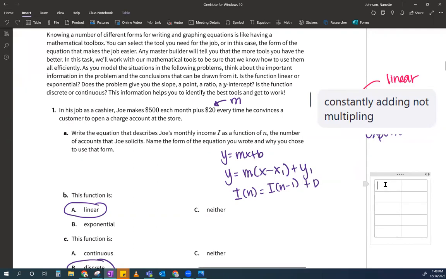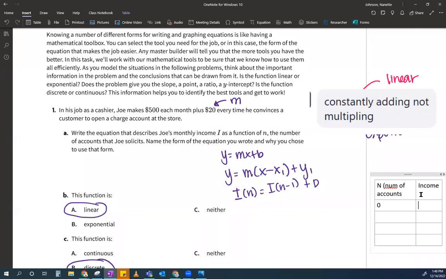So this is n, the number of accounts. And then this over here is his income. If he gets 0 accounts, how much money is he making for that month?